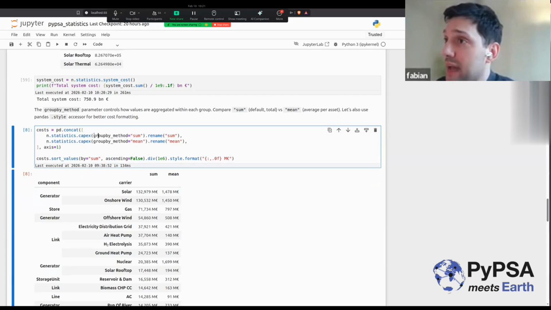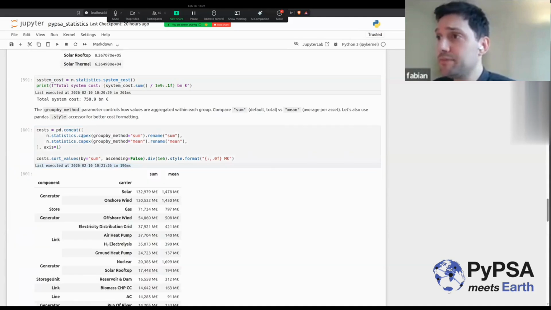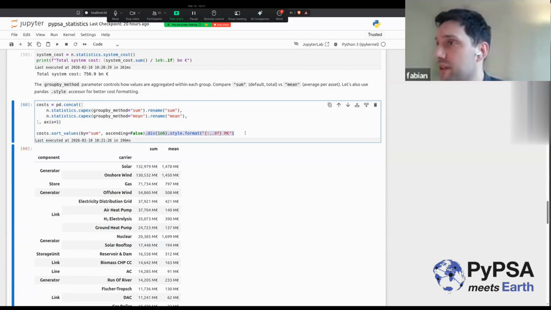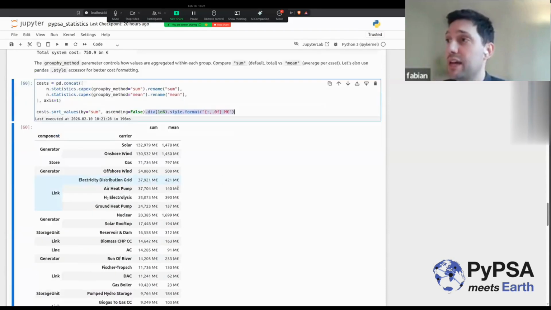We do that by passing the group by method, once with sum and once with mean, and concatenating that in one pandas data frame. This is what comes out. Then we sort by the sum value, and I'm doing some formatting of the numbers to have a nice display.